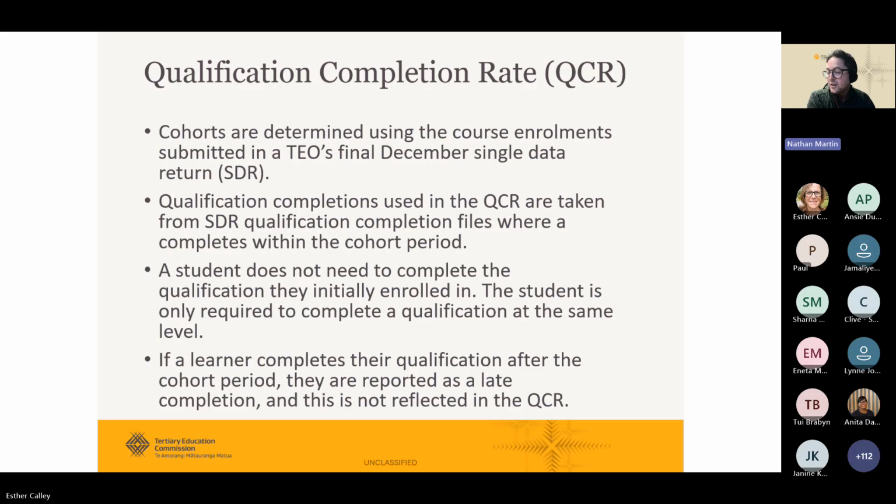Only qualifications completed within the cohort period are counted in the qualification completion rate. Learners don't have to complete the same qualification they first enrolled in. They only need to complete a qualification at the same level. Late completions are excluded. If a learner completes after the cohort period, more on that further down, they are counted as a late completion.